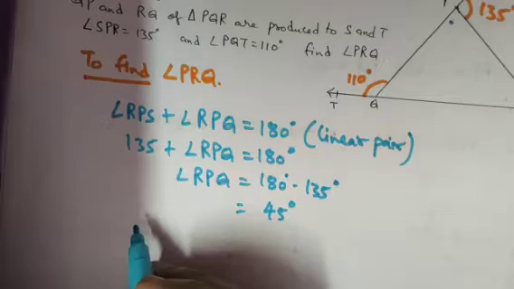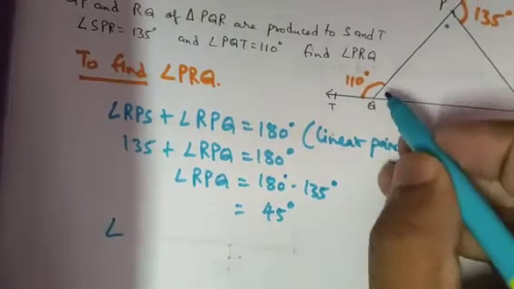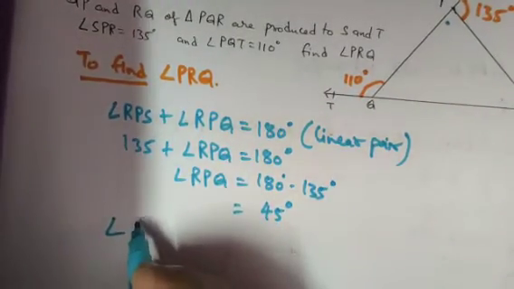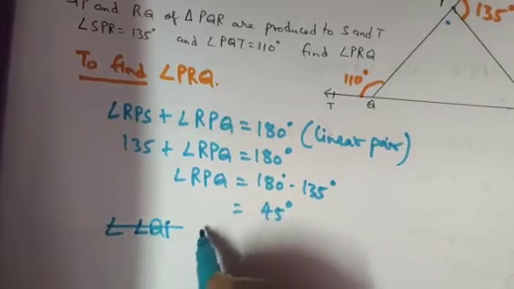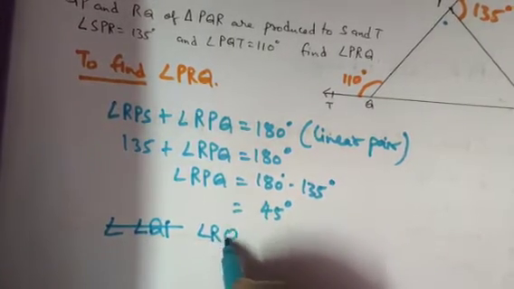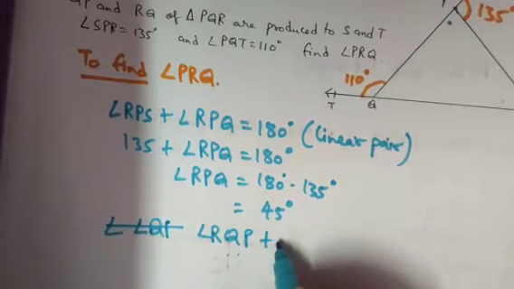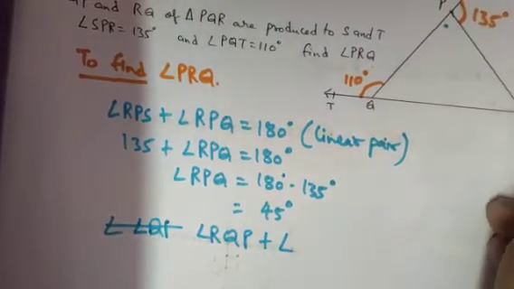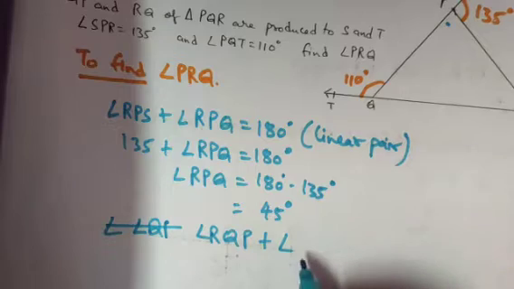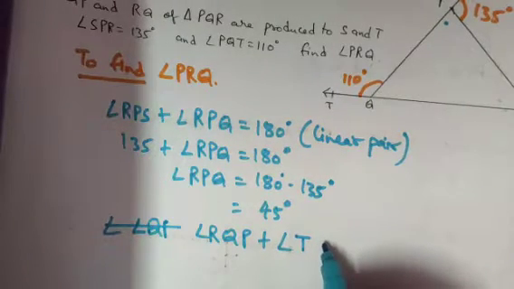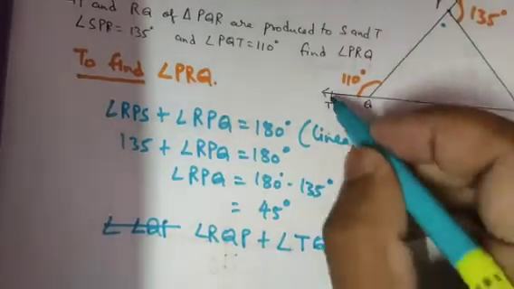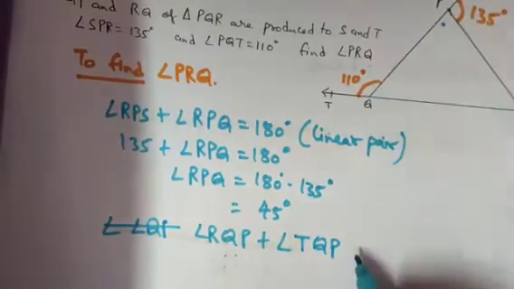Similarly we can calculate the value of this angle, that is angle RQP. Angle RQP plus angle TQP equals 180 degrees because of the linear pair property. TQP is given, RQP we have to calculate.